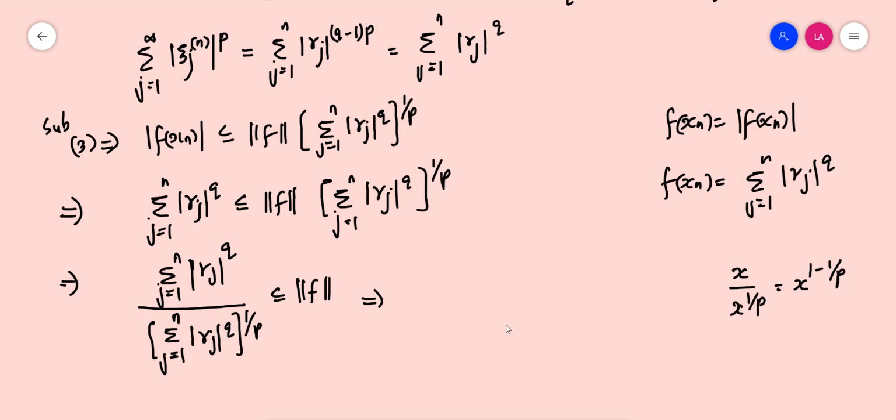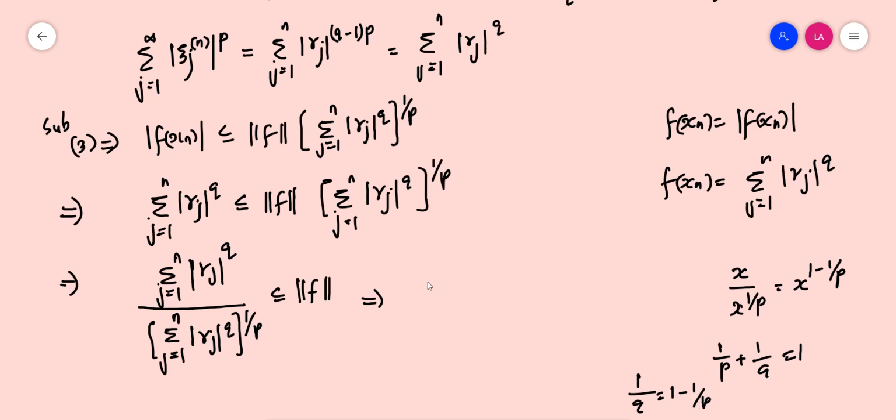Okay. Now 1 by p plus 1 by q is 1. So if you move this onto the right hand side, 1 by q is equal to 1 minus 1 by p. So instead of 1 minus 1 by p, we can substitute the value of 1 by q.